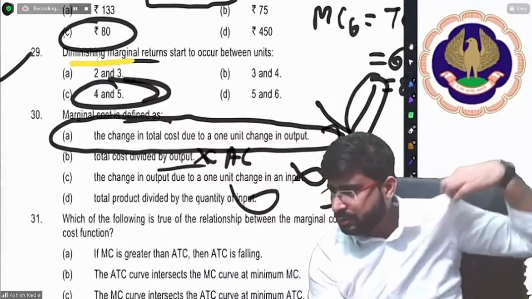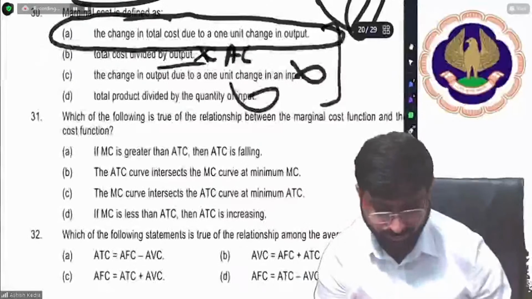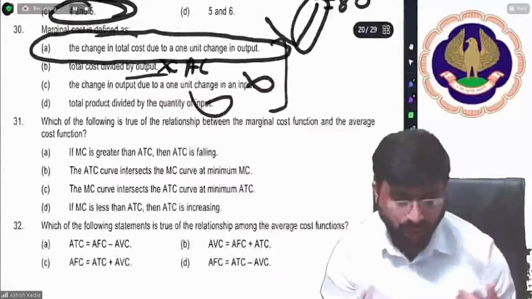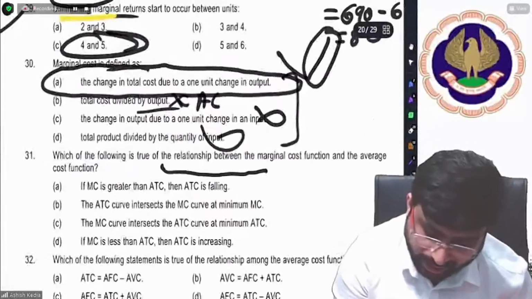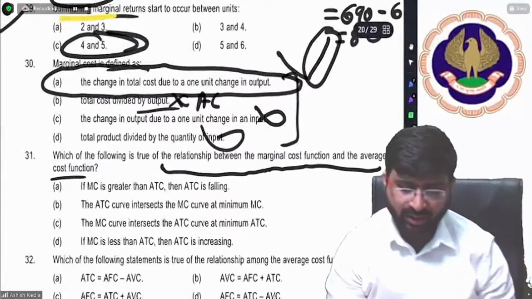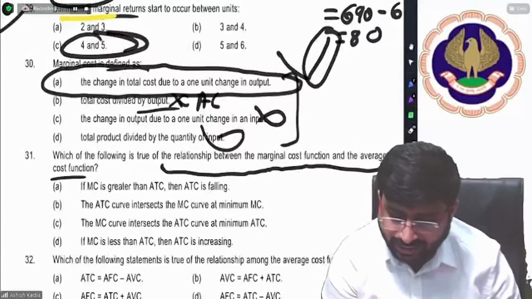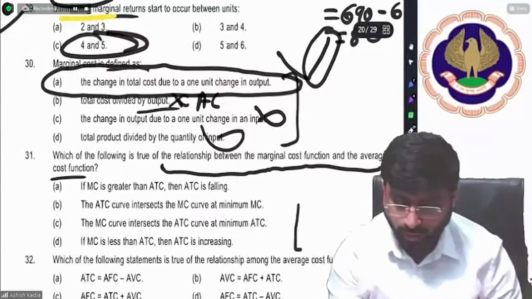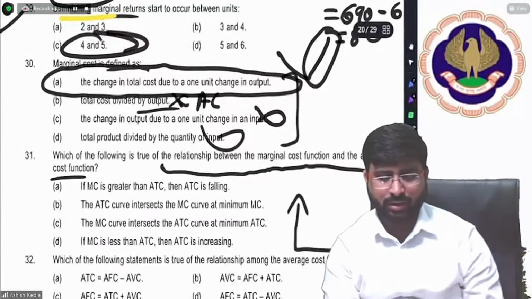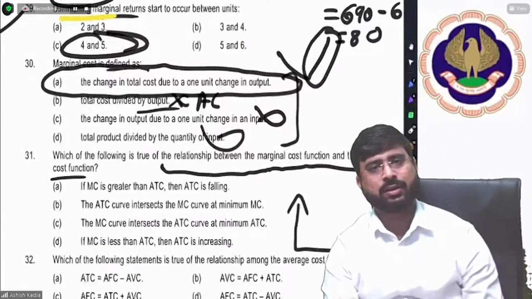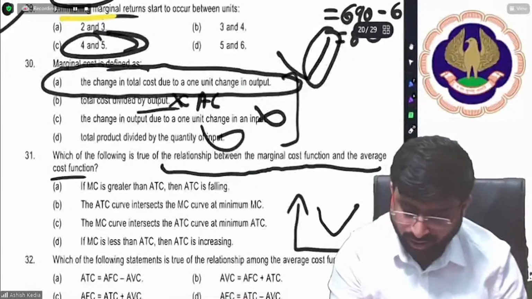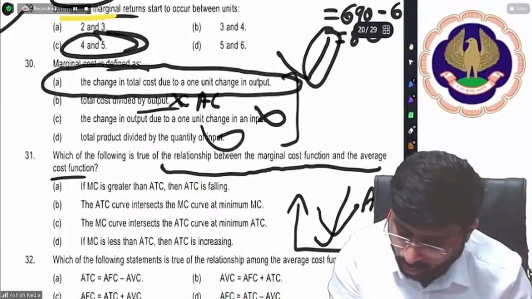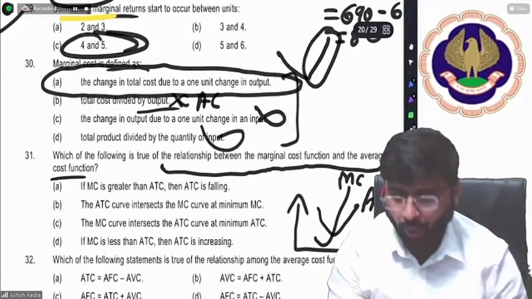Now moving on. Which of the following is true of the relationship between MC and AC? So see, my dear friends, here it is average cost, here it is marginal cost. Let me see what they are asking.